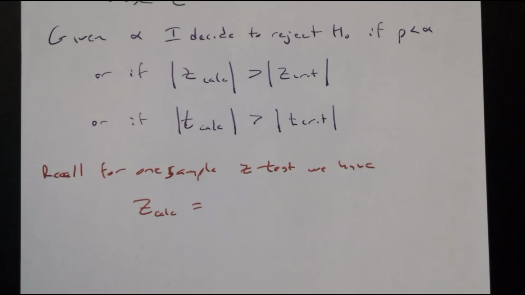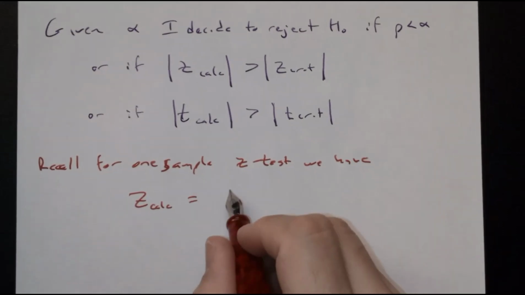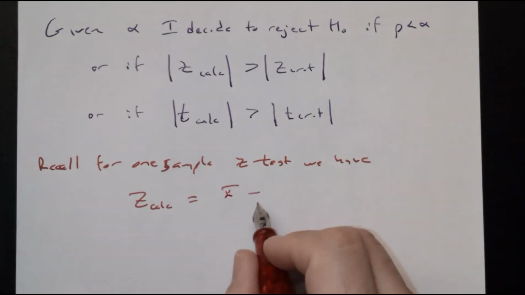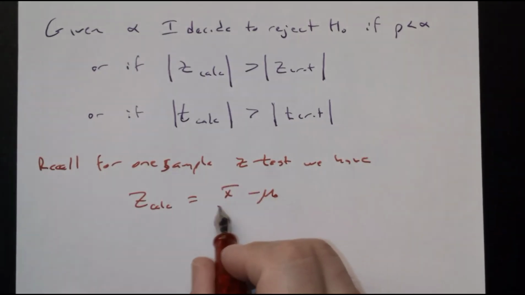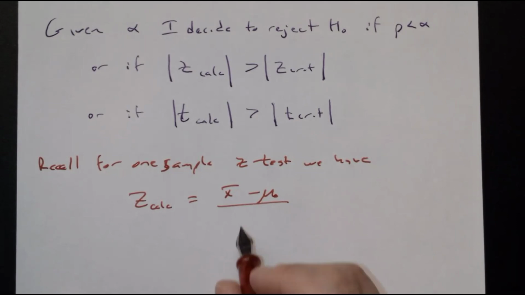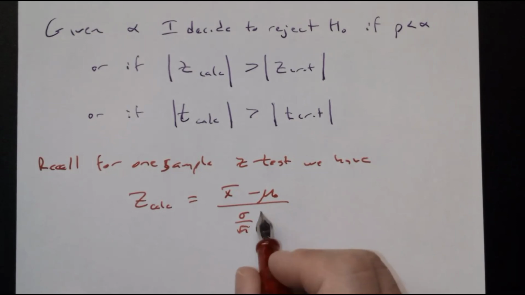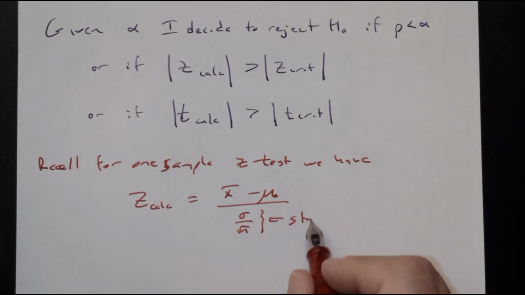X minus mean 0, right. This is the value for our average minus our benchmark, divided by sigma divided by square root of n. And this is our standard error.